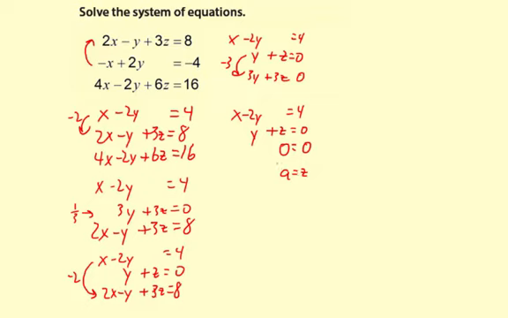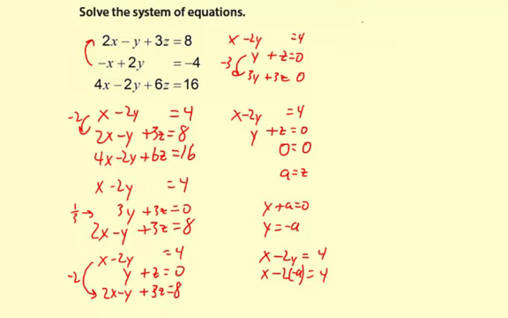And so this a is used to write a relationship with the other variables, and you'll see how that works. So I'm going to take the a and back substitute for z in here. So for equation 2, y plus a equals 0. Subtract a, y equals -a. And then for the x, I'm going to put this negative a in for y and then solve for the x in terms of a. So x minus 2 times negative a equals 4.